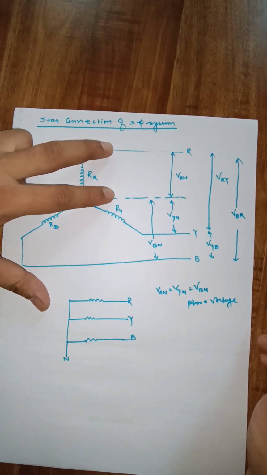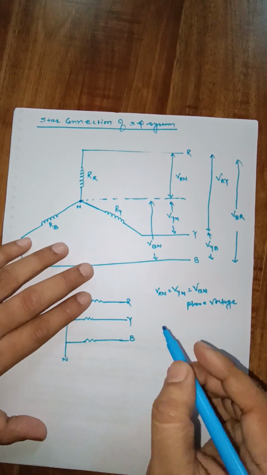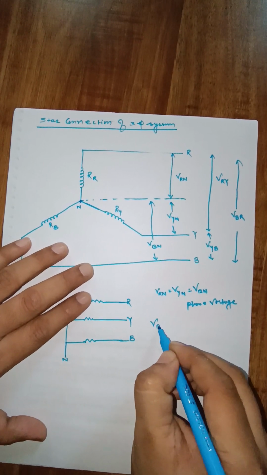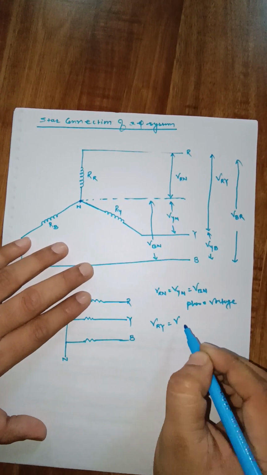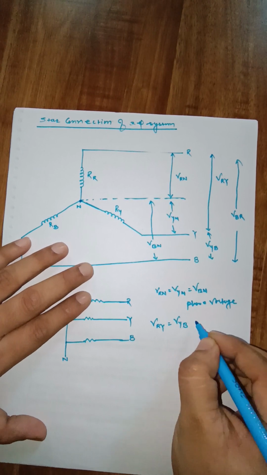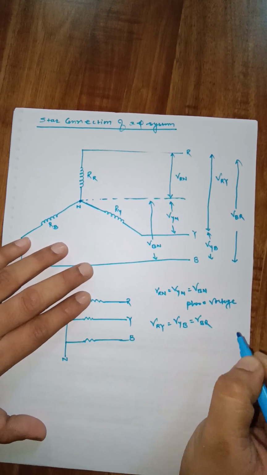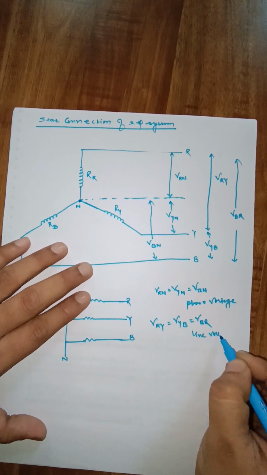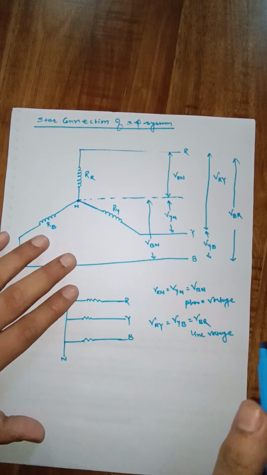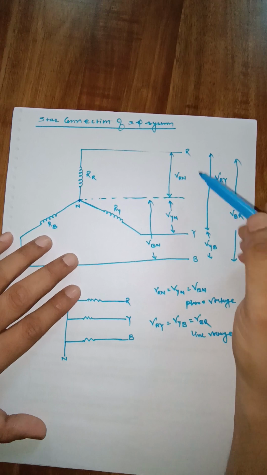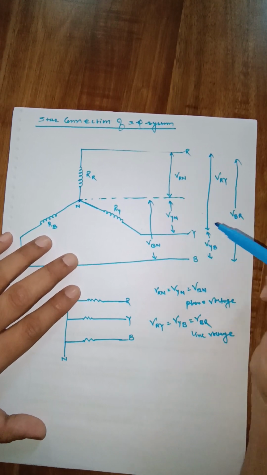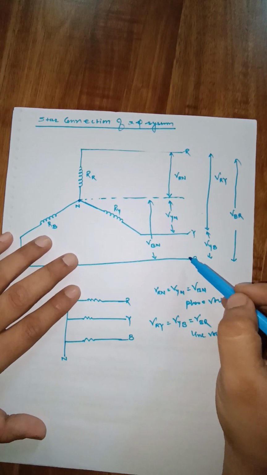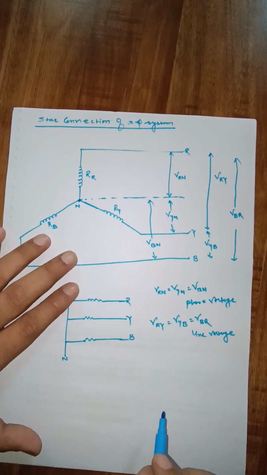So between 2 points, this voltage is called as phase voltage. And VRY, VYB, VBR, these three voltages are termed as line voltages because these voltages are between two lines, line R and line Y. Similarly, line Y and line B, and line B and line R.